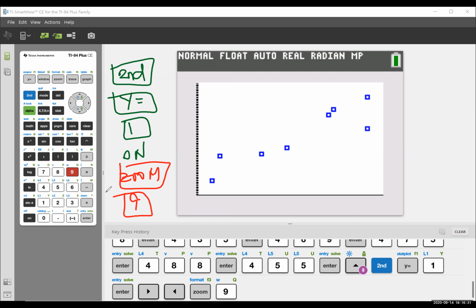Okay, so that is the scatter plot. So second y equals 1, turn it on, and then to graph it, zoom 9.